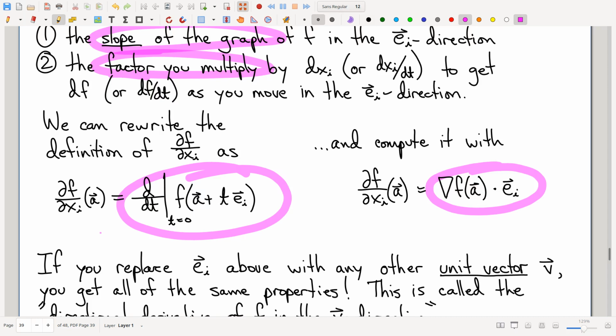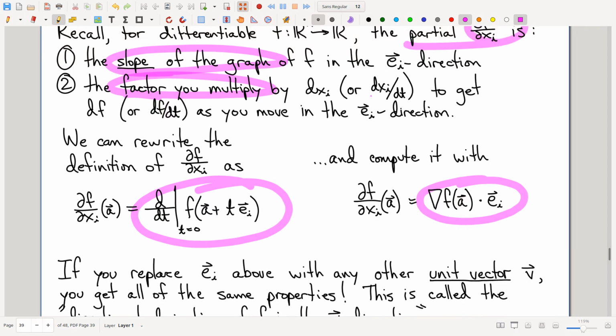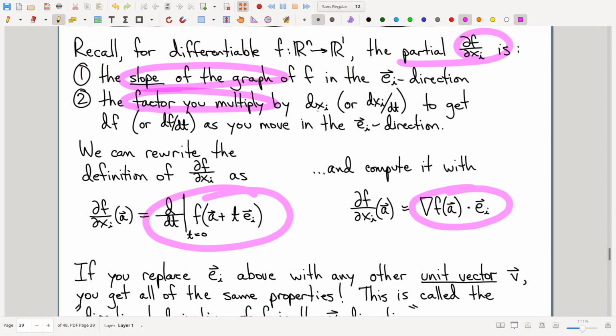A plus t e_i has me at the point A when t is 0. And then as t increases, I am moving in the e_i direction, namely in the xi direction. So these are morally saying the same thing. Both of these expressions say, hey, how fast is f changing as I'm moving in the ith axis direction?